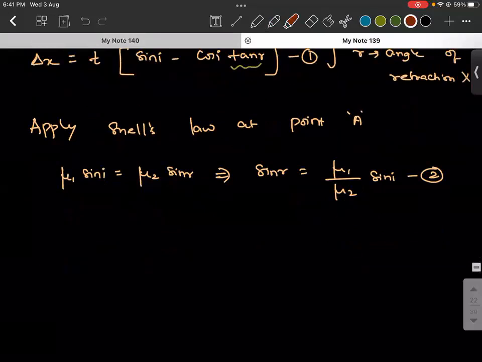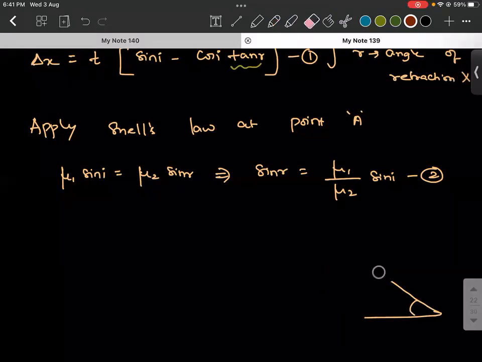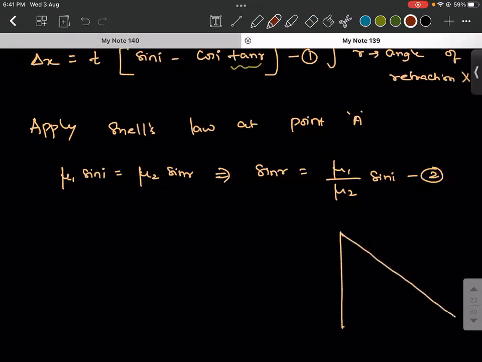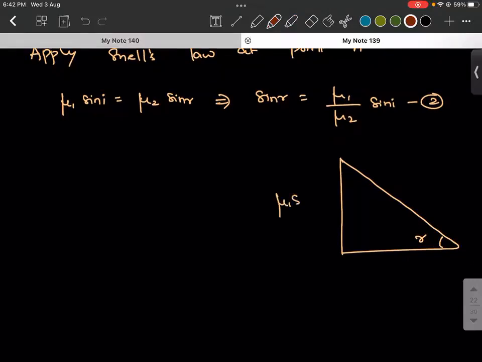So since I have sin R, I can think of a right angle triangle like this, where this is R, and the numerator is mu1 sin I, that is the opposite side, and the denominator mu2 is going to be the hypotenuse, because we know that sine is opposite divided by hypotenuse.